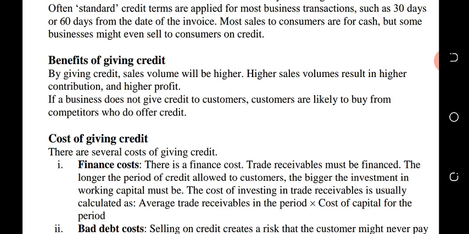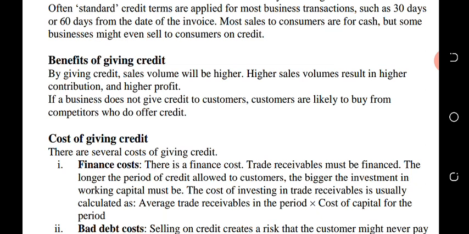Higher sales volume results in higher contribution and higher profit. When sales volume increases, the contribution of the company might also increase, and that should lead to an increase in net profit.